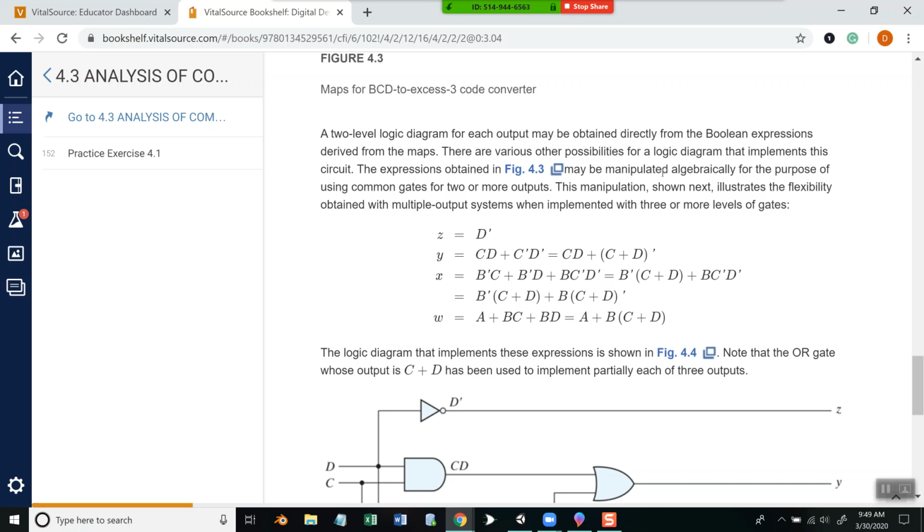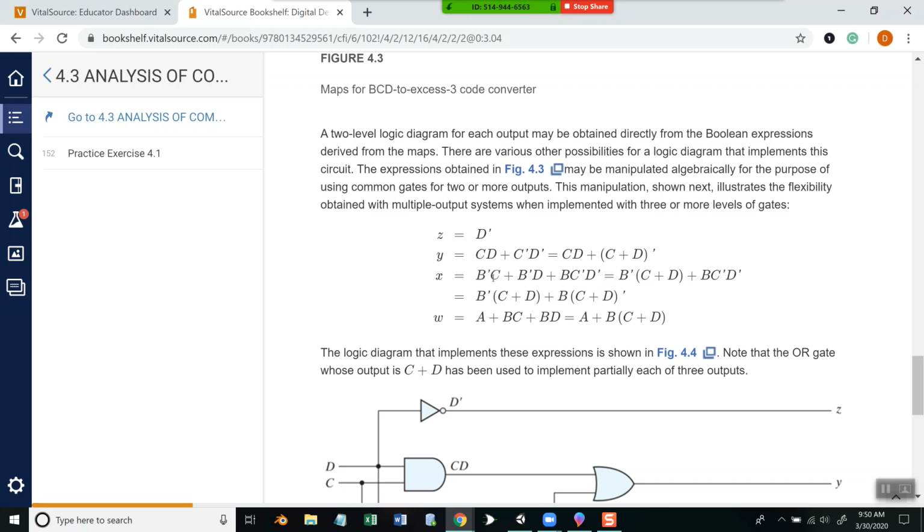Various other possibilities for logic diagram influence the circuit. Okay, they're showing that expressions obtained in figure 4.3 may be manipulated algebraically for the purpose of using common gates for 2 or more outputs. Okay, I was wondering what they're doing. You see here they have C and D, but here they have C prime and D prime. So by using some simplification, they can put everything in terms of C's and D's, and they have fewer inverters, for whatever reason that would be beneficial.